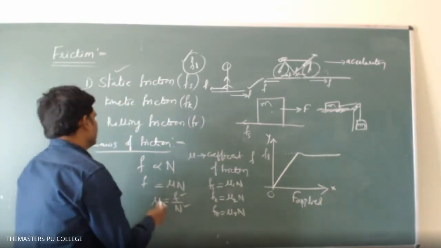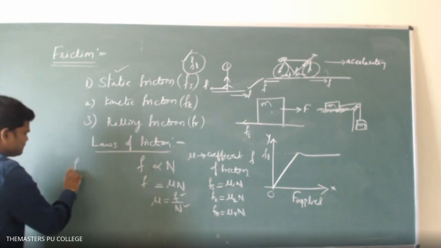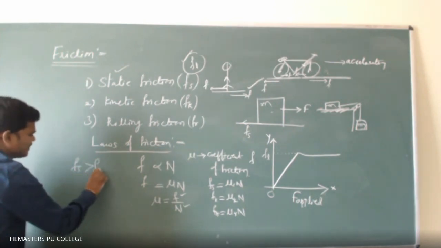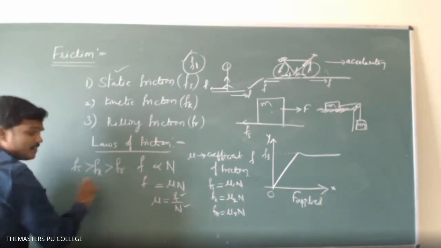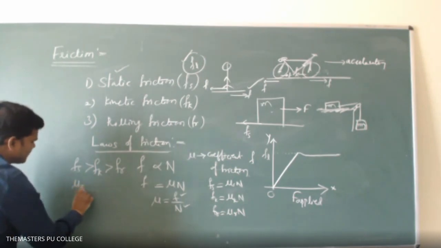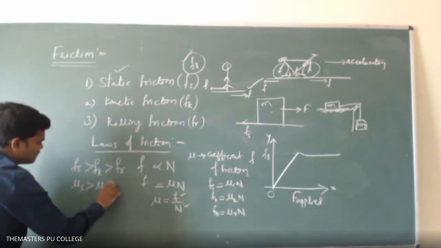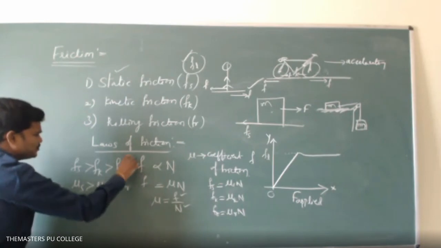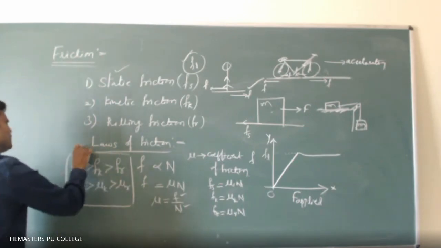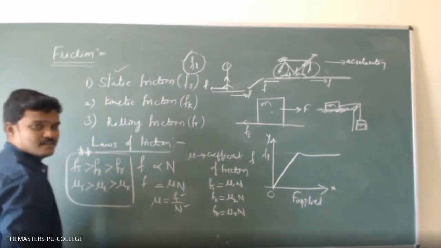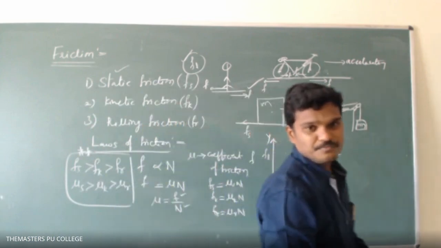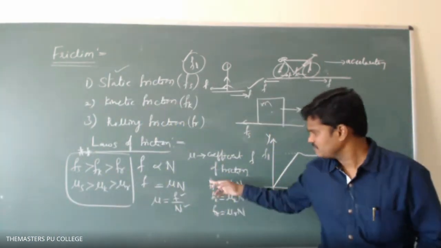And no doubt, Fs is greater than Fk, which is greater than Fr. In the same manner, mu_s is greater than mu_k, which is greater than mu_r. The coefficient of friction mu is a number.